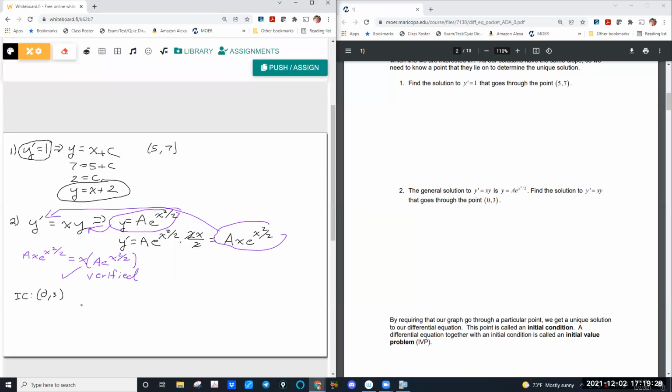So we know that our solution is y equals ae to the x squared over 2. We're going to plug in our initial condition and solve. 3 equals ae to the 0 squared over 2. 0 squared is 0, divided by 2 is 0, e to the 0 is 1. This gives us a equals 3. And so our unique solution to this initial value problem is y equals 3e to the x squared over 2.